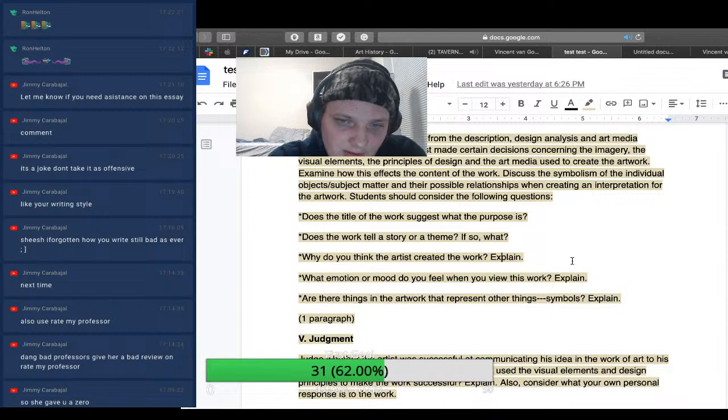Does the title of the work suggest what its purpose is? Does the work tell a story or a theme? Why do you think the artist created the work? What emotion or mood do you feel when you view this work? Are there things in the artwork that represent other things? Symbols?